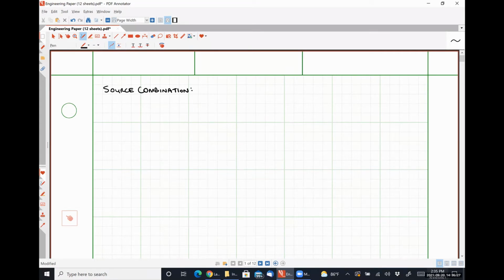And this is incredibly similar to resistor combination that we covered in our last class meeting, right?